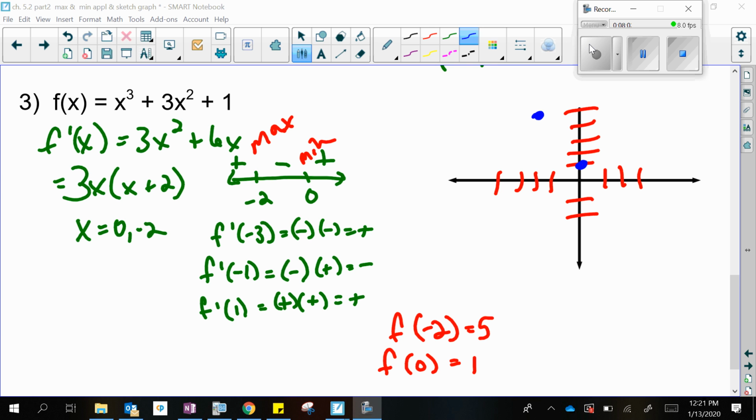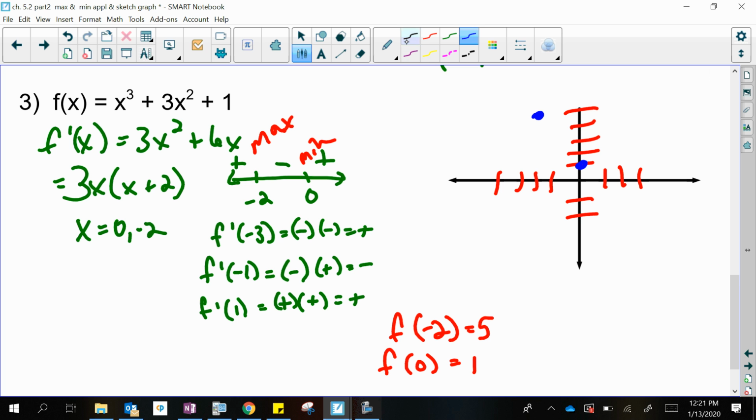Now to figure out how to connect those points, we look back in here, and it says it's supposed to be increasing, coming up to -2, then decreasing between -2 and 0, and then increasing past 0. So we get that. Make sense? Any questions? Okay, awesome. All right, so that is sketching a graph.